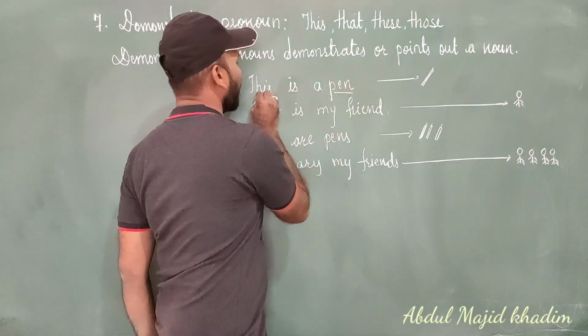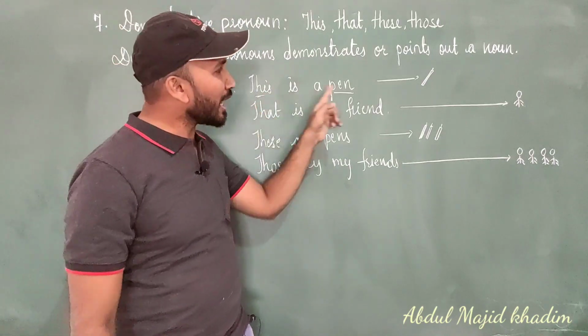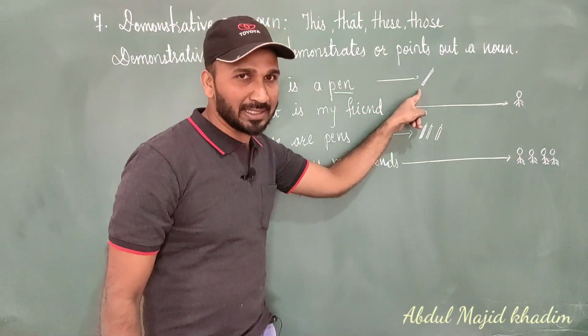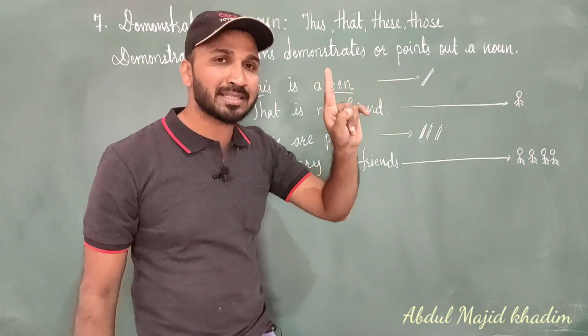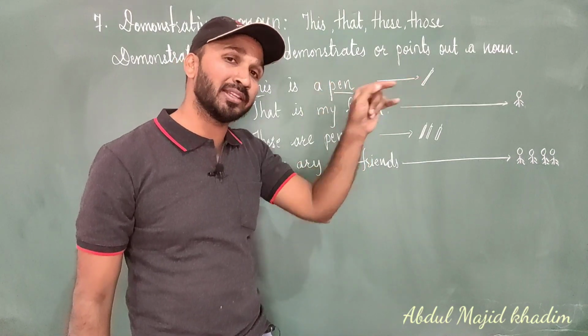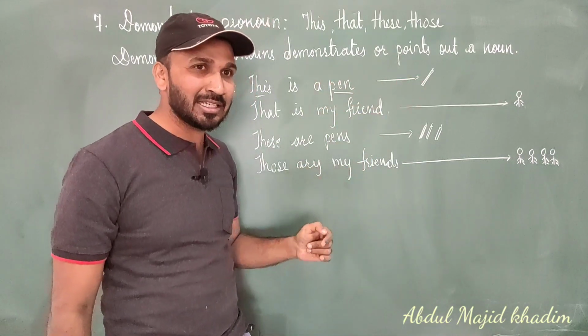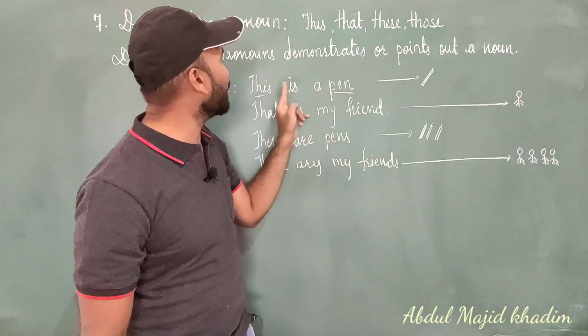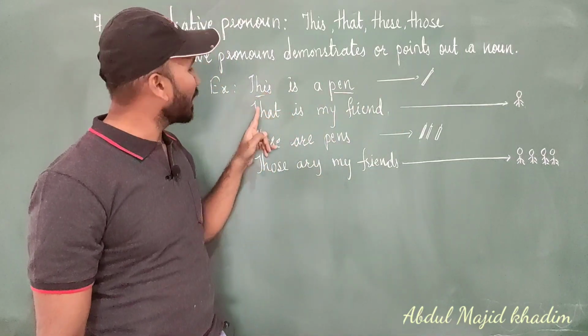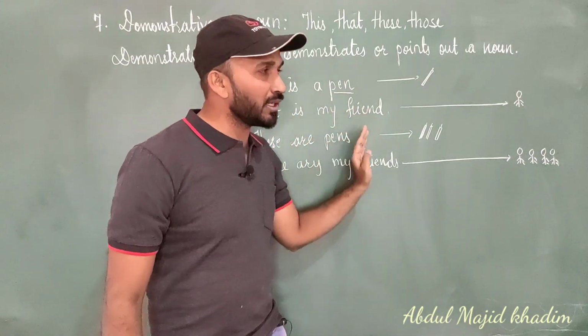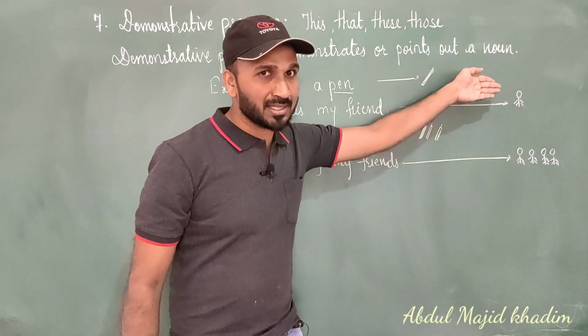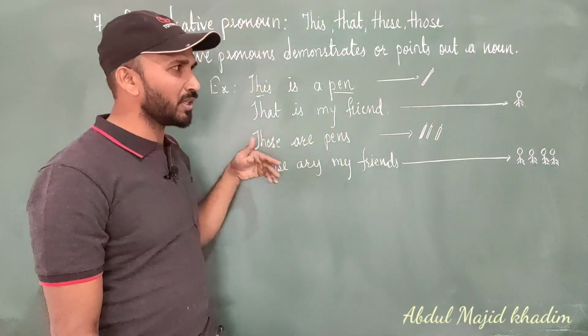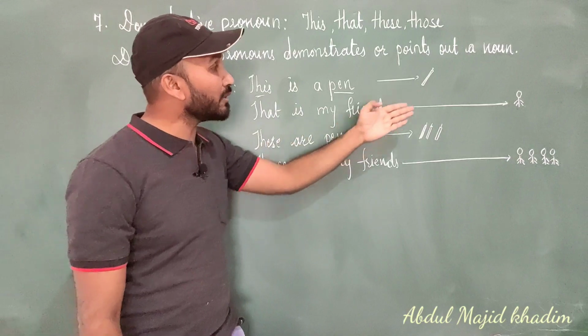by this. We have to use this when the things are near, and that should be a single thing, and that should be with us, near to us. At that time we have to use this. See, that is my friend. If the friend is far, at that time we use that. We can say this is my friend also when the friend is near.